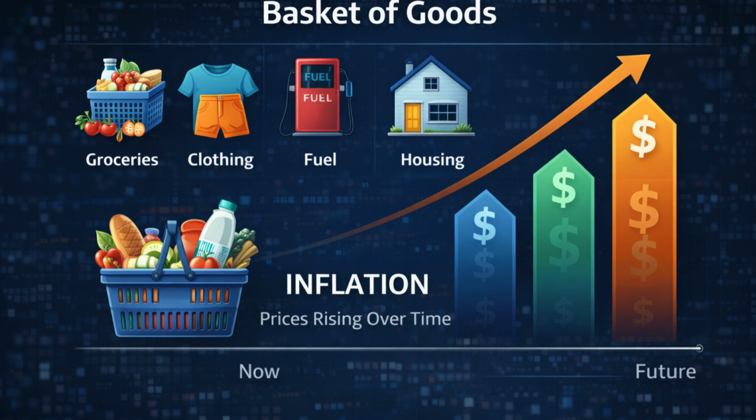This basket might include items such as food, clothing, housing, transportation, healthcare. By tracking how the cost of this basket changes over time, economists estimate how the general price level changes. Examples of price indices include the consumer price index, producer price index, and wholesale price index. These indices help governments measure inflation and adjust economic policies.